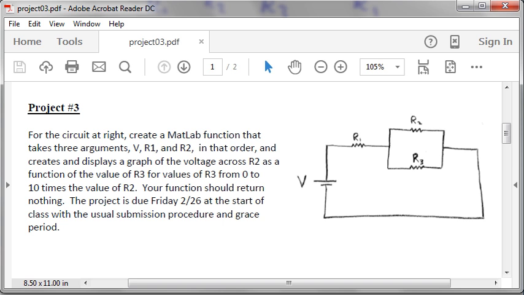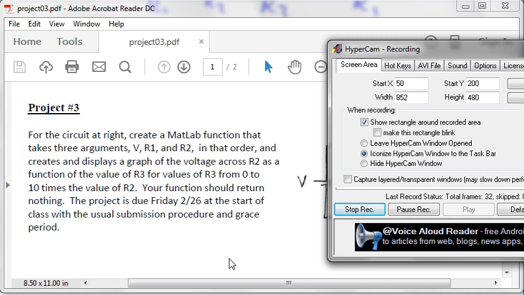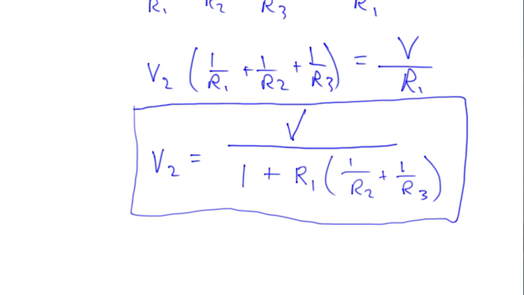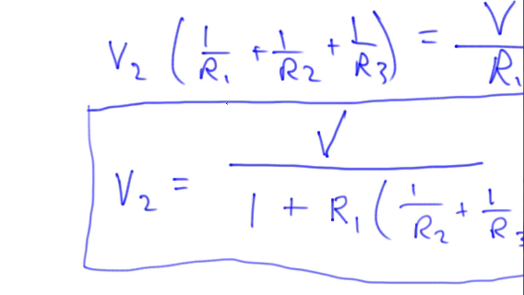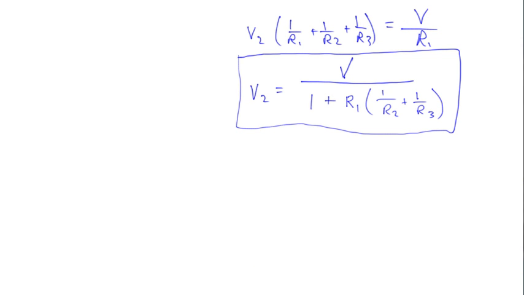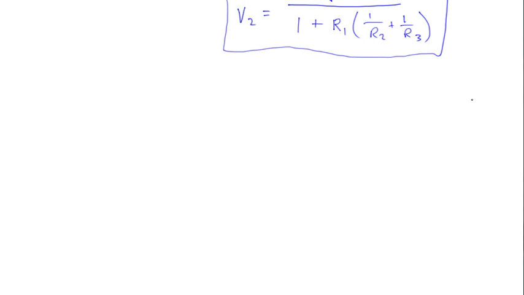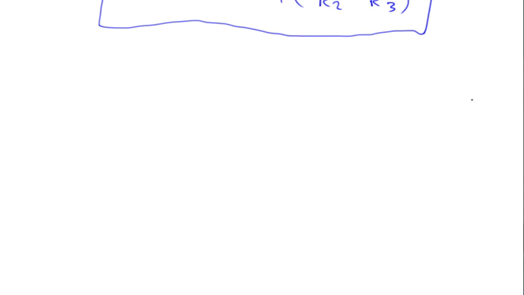So I think my plan is going to be to say what the function is. I'm returning nothing, so I think I'll call my return variable nothing.